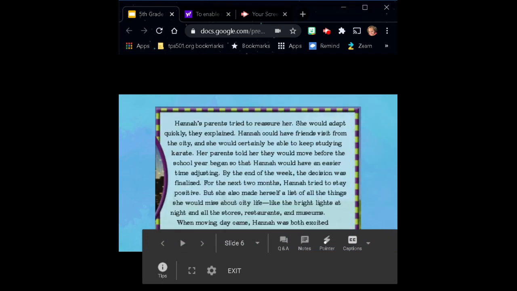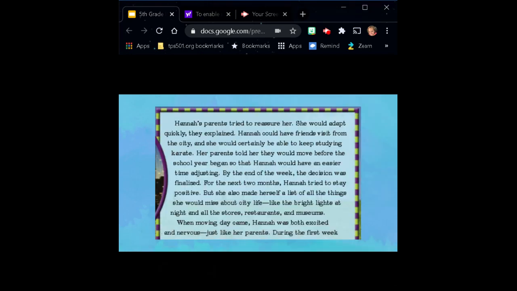Hannah's parents tried to reassure her she would adapt quickly, they explained. Hannah could have friends visit from the city, and she would certainly be able to keep studying karate. Her parents told her they would move before the school year began so that Hannah would have an easier time adjusting. By the end of the week, the decision was finalized.